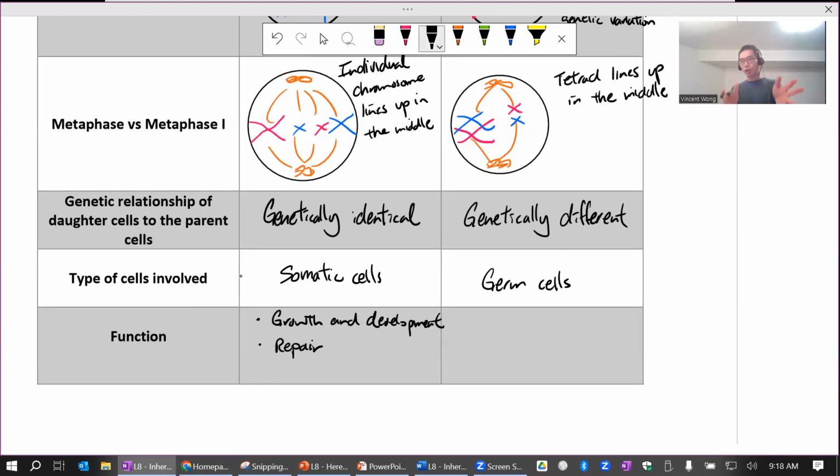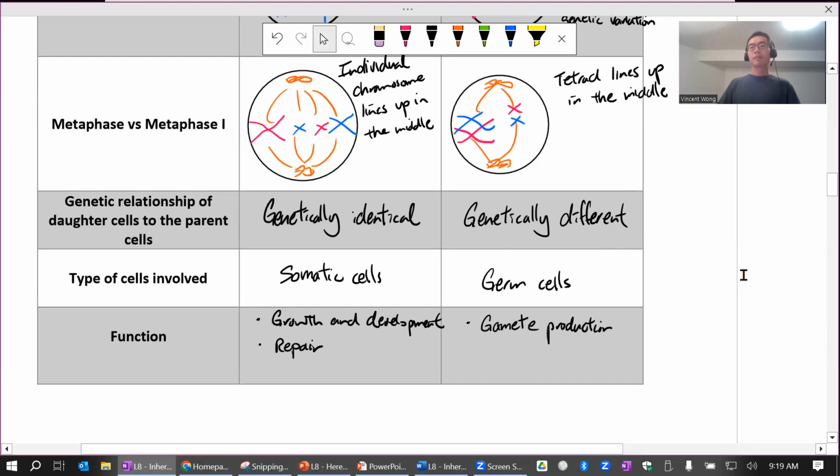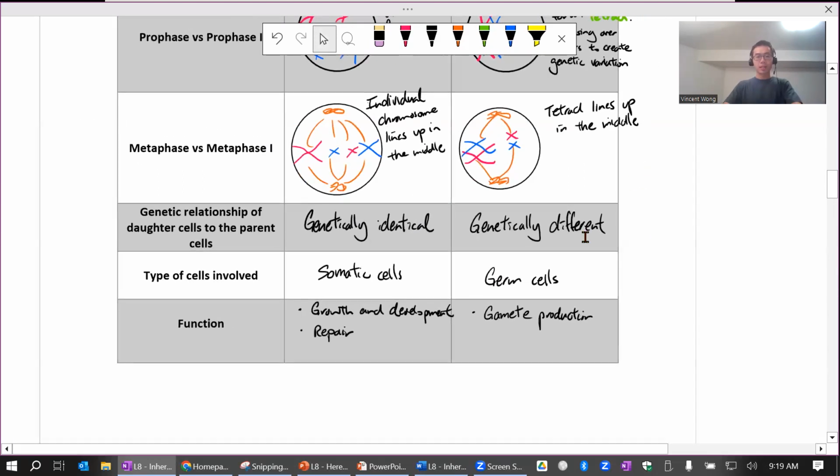But this table is talking about humans specifically, so I'm not going to put that. And why do we do meiosis? Genetic diversity and gamete production. Very good. Thank you. There is the table that compares them. Hopefully it makes sense.